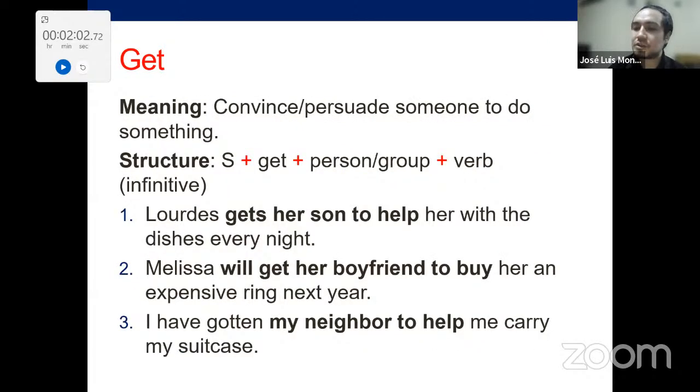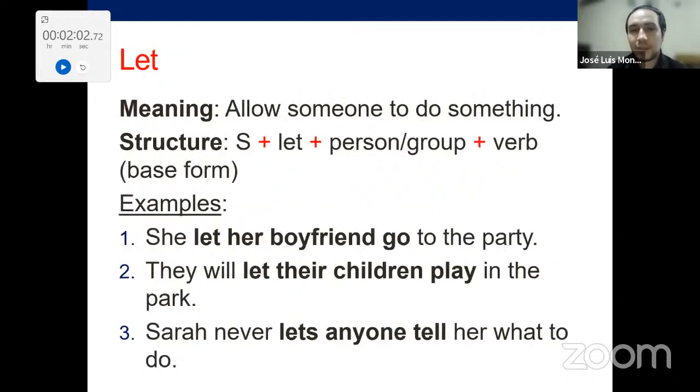Get, persuasion, more with friends, someone with whom perhaps you have a level of trust, or simply someone with whom you can have a connection. So convince, persuade. Lourdes gets her son to help her with the dishes every night, because that's not obligation. That's persuasion in this case. If it's obligation, it's better to use make. Let, the same, permission.